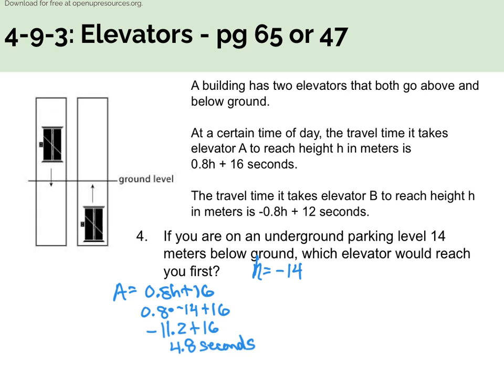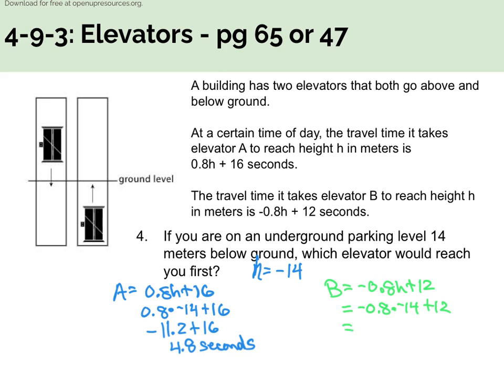Now let's go ahead and try it with elevator B. Elevator B, its equation is negative 0.8H plus 12. Again, we are doing 14 meters below ground, so we're going to multiply it by negative 14. So do negative 0.8 times negative 14.